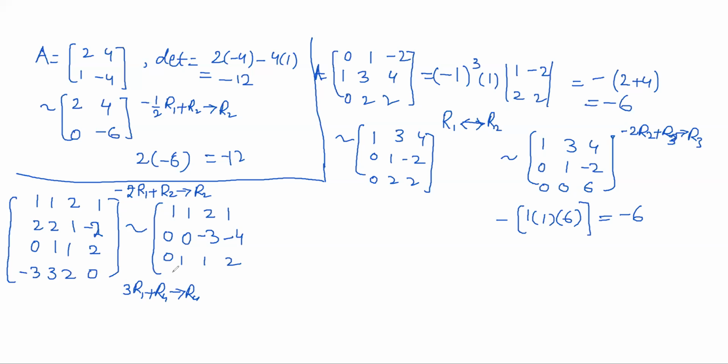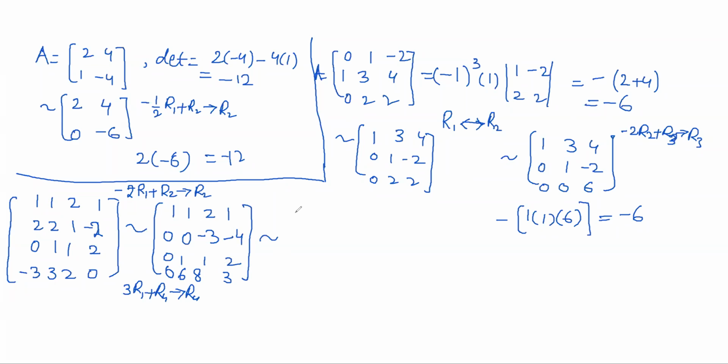So this row will be minus 3 plus 3, that is 0, 3 plus 3, that is 6, and then 2 plus 6, that will be 8, and 0 plus 3, that will be 3. Okay, 0, 6, 8, 3, that will be the fourth row.